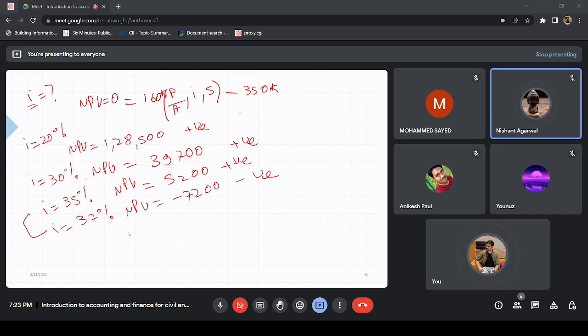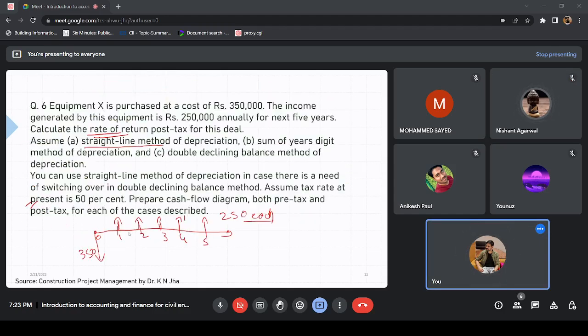So you will get some rate of return here. And this sort of solves our first part, straight line method. We made the pre-tax, post-tax cash flow, and we determined the rate of return.